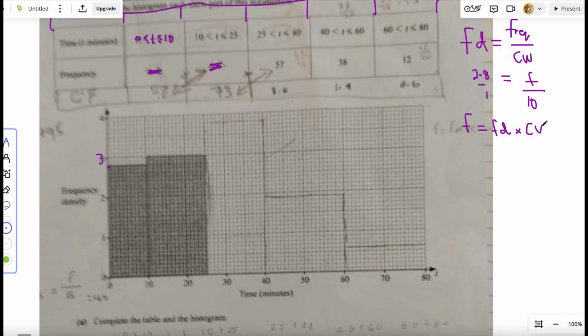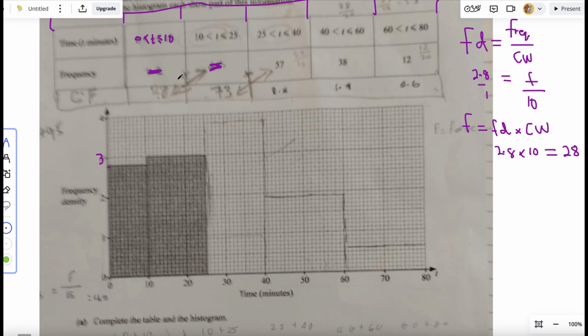The frequency density is 2.8, so for the first one, 2.8 times 10 will give us 28. So for the first interval, the frequency will be 28.